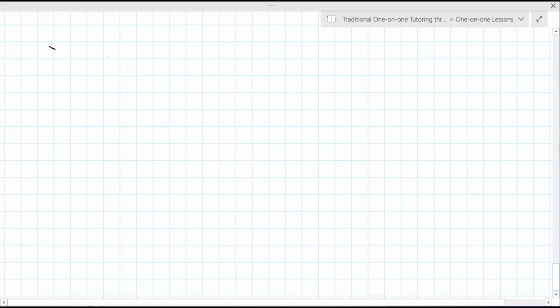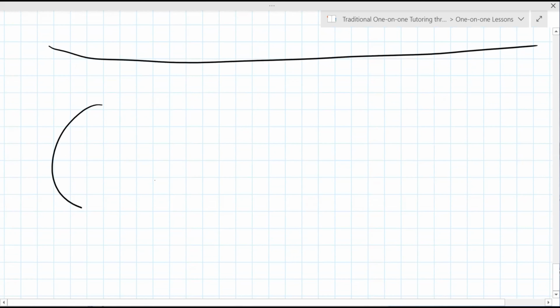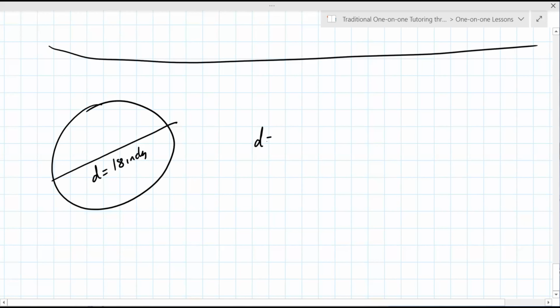Okay, let's try another one here. Here's a circle. Let's say the diameter is 18 inches. What is the radius? You don't subtract, you either multiply or divide.